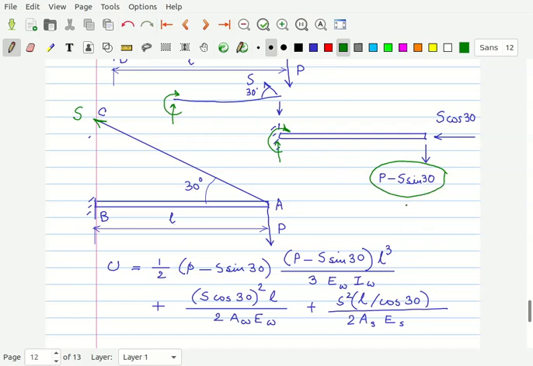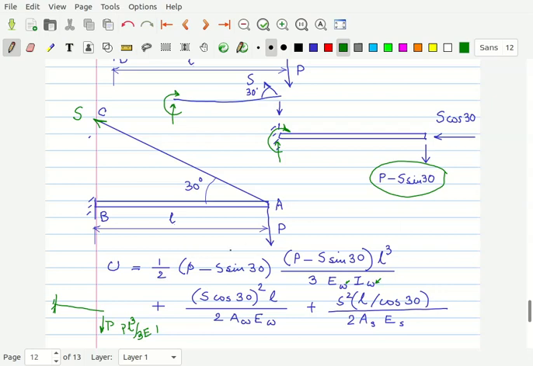You know for the cantilever beam, if this force is P, then the deformation is PL cube by 3EI. So here, since we have applied a force of P minus S sin theta, the deflection is (P minus S sin theta) L cube by 3EI. So W, W subscript for wood.